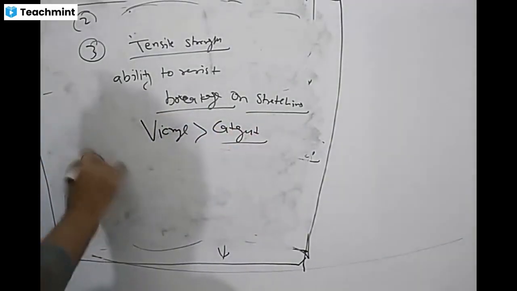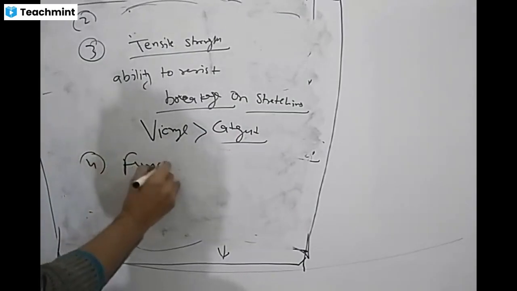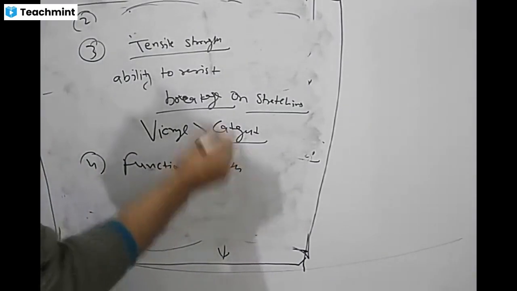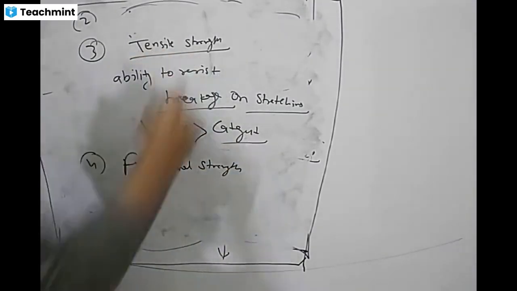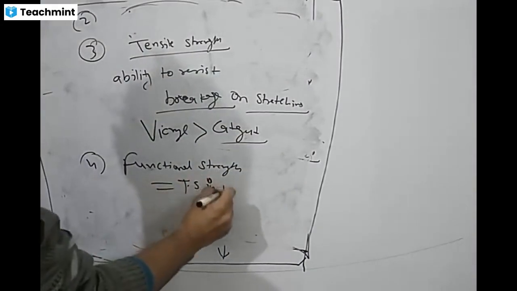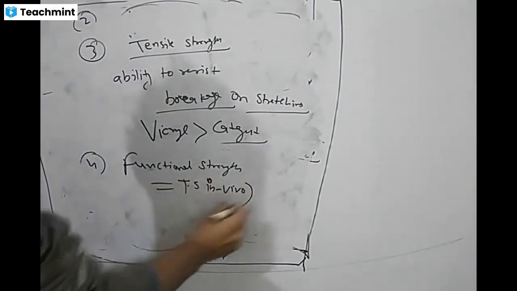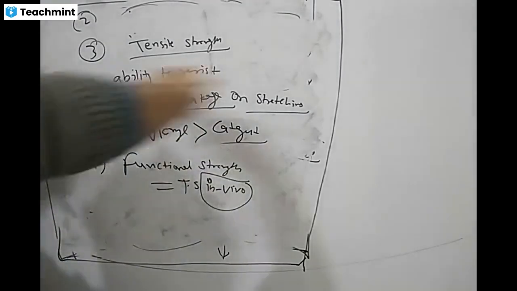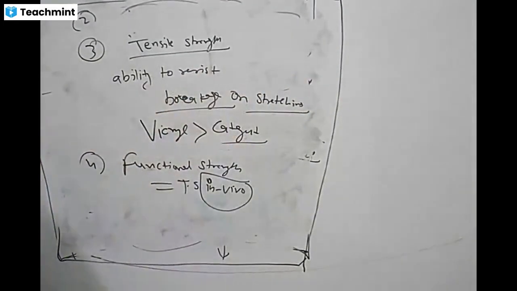Similarly, there is one term we call functional strength. This is nothing but the tensile strength in vivo. In vivo means inside the tissues, inside the body, and pulling outside the body is called tensile strength.